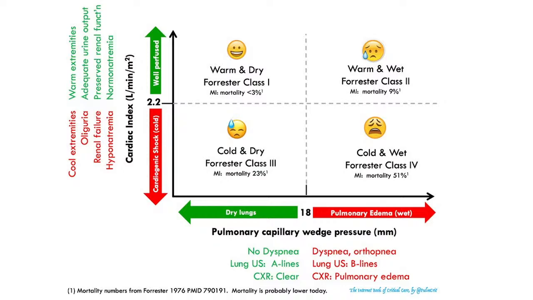Whereas with the presence of shock, they will be taken as cold, and if no shock, warm. Okay. The thing that you got to know is that the type with warm and dry, that is Forrester class 1, is having the best prognosis, whereas the class with cold and wet, that is Forrester class 4, is having the worst prognosis.